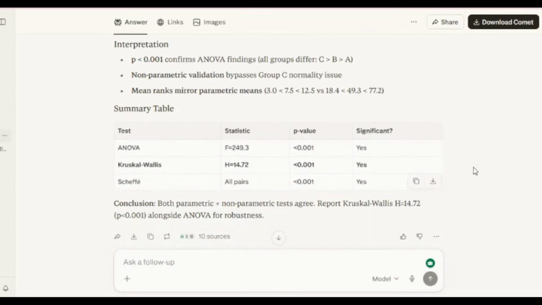So we got an H value, if you remember, the critical value is H. Sometimes we do get a chi-square value.